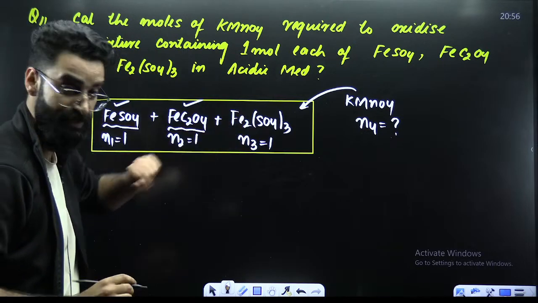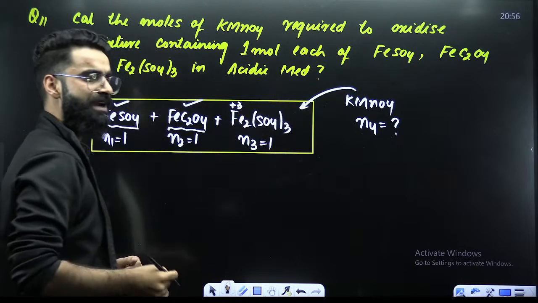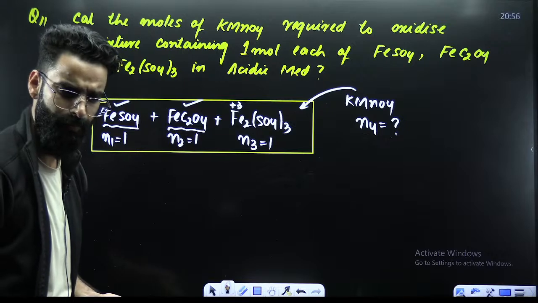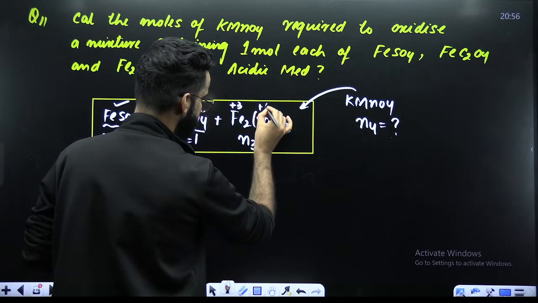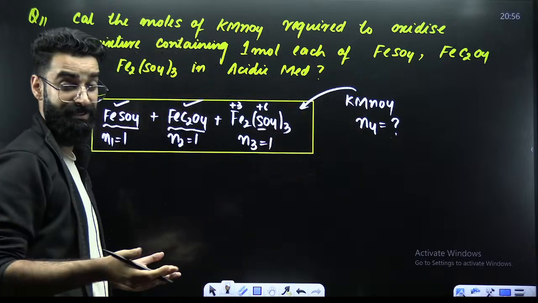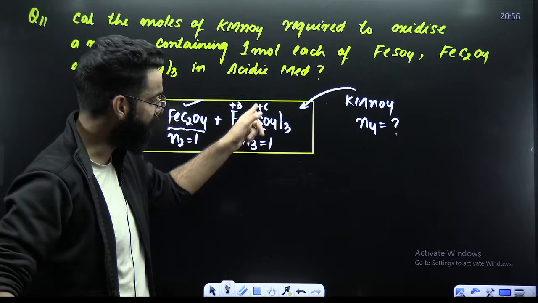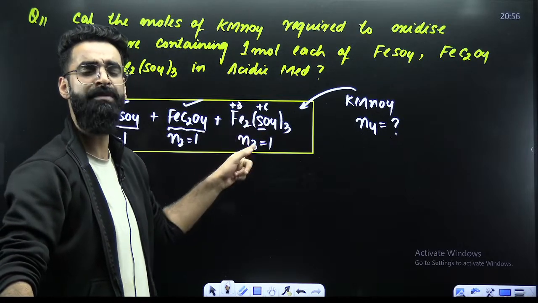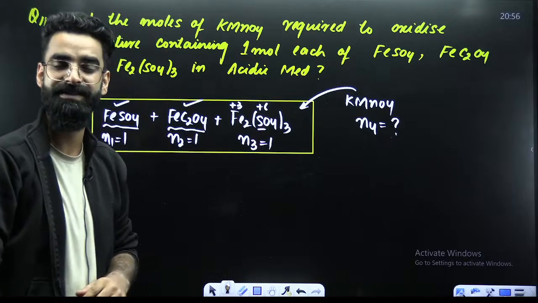But if you look at this species, here iron is in +3 oxidation state. Have you seen KMnO4 reacting with Fe3+? No, right? Sulfur here is in +6 oxidation state. Since KMnO4 is the oxidizing agent, it oxidizes others. Here, sulfur is in +6, which is the maximum oxidation state of sulfur, so sulfur cannot increase its oxidation state beyond +6.